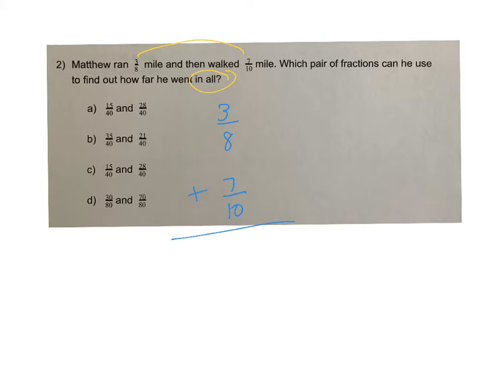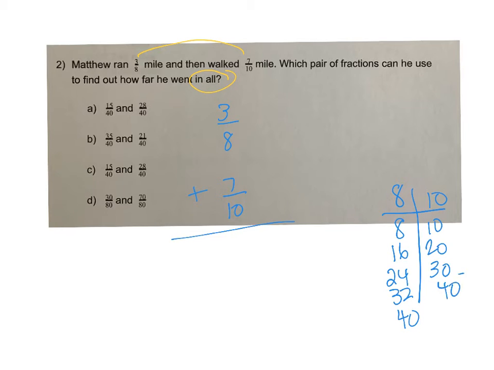Since I know 3/8 and 7/10 have different denominators, the first thing I need to do is figure out what the denominator would be if I were adding them. So 8 and 10 are my two denominators, and I see that 40 is the lowest number that appears in both multiples lists.